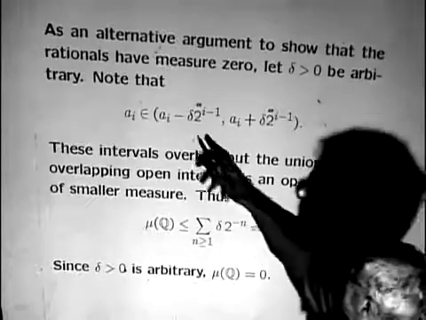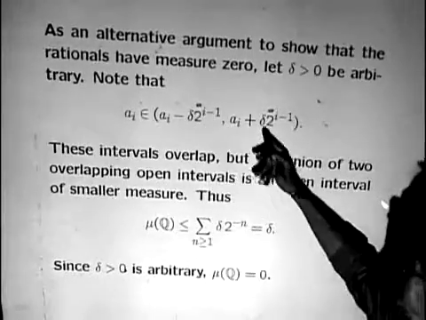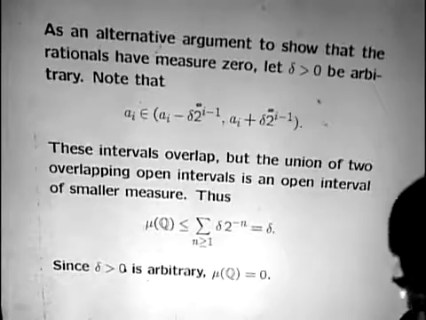Okay, so this is delta times 2 to the minus i minus 1, and delta times 2 to the minus i minus 1.